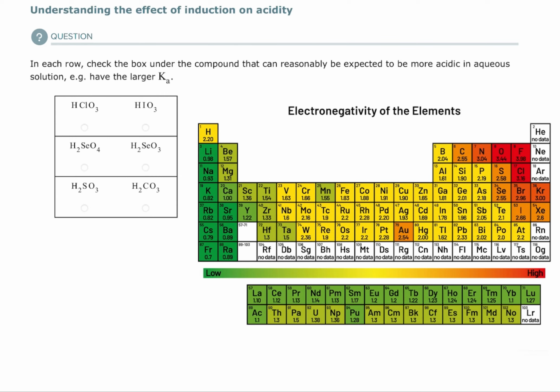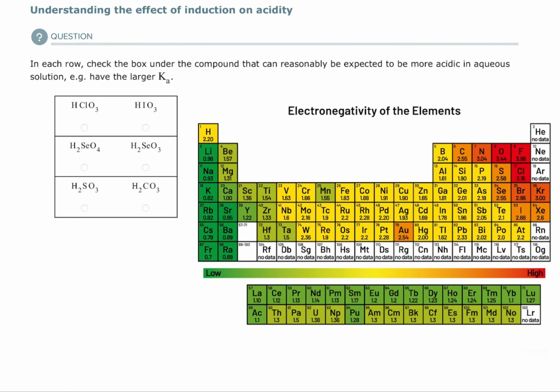So for instance, in the first example where I have HClO3, the Cl has a high electronegativity, and so it's going to pull the electron away from that hydrogen and make it really easy to be acidic. Now the iodine also has a pretty good electronegativity, but we're asking the question, which one has a stronger one? So whichever one is going to pull on that electron more will make it easier to donate.